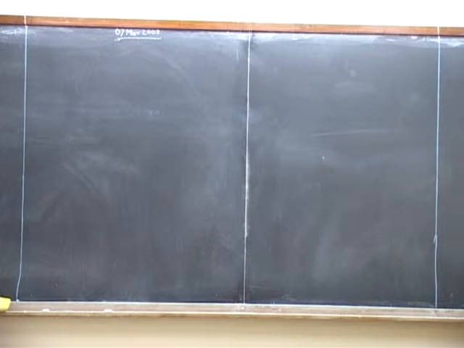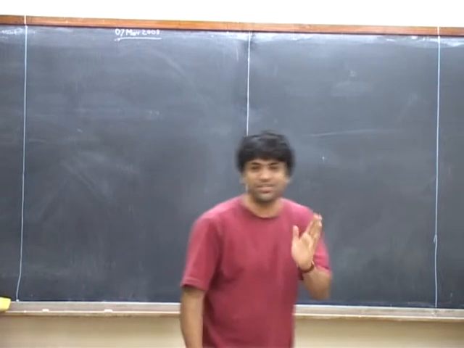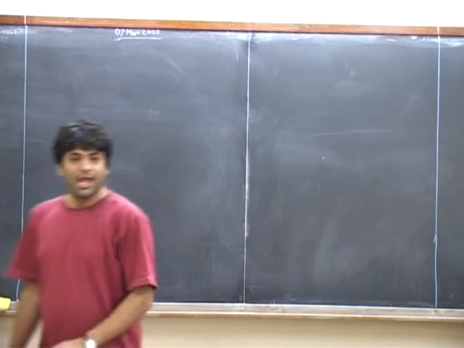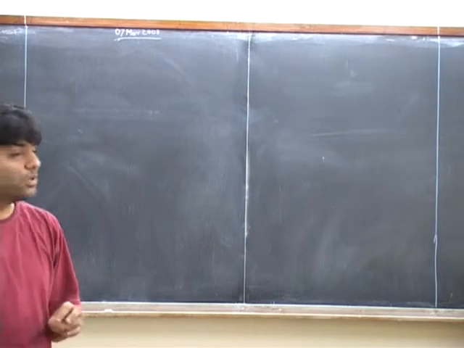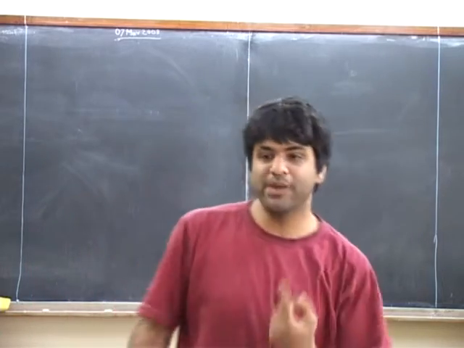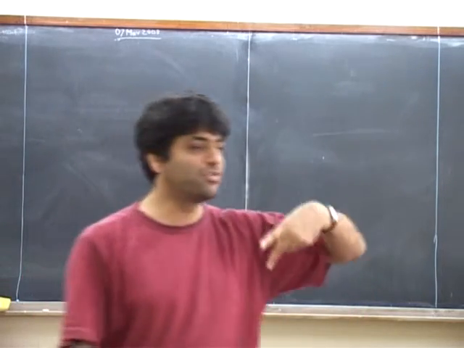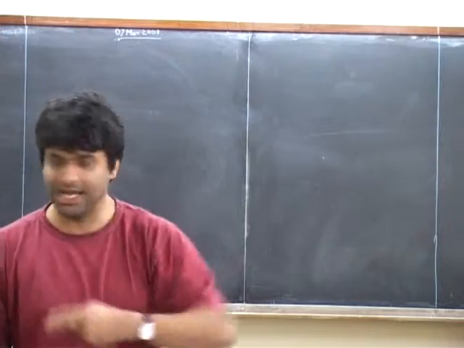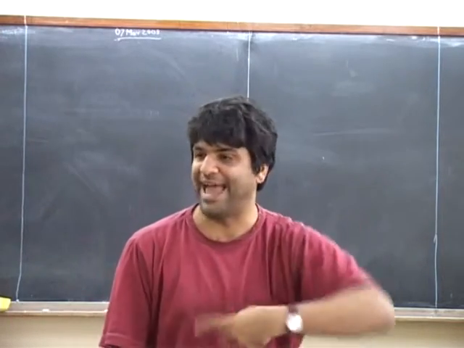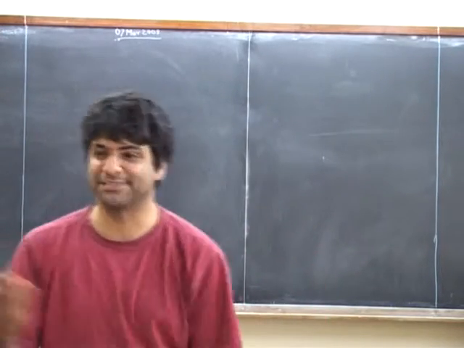Actually, to be safe, we should say things a little better. In proving the no-ghost theorem, for instance, we used the fact that there were two directions in space-time that were just flat. You remember the x plus and x minus directions.